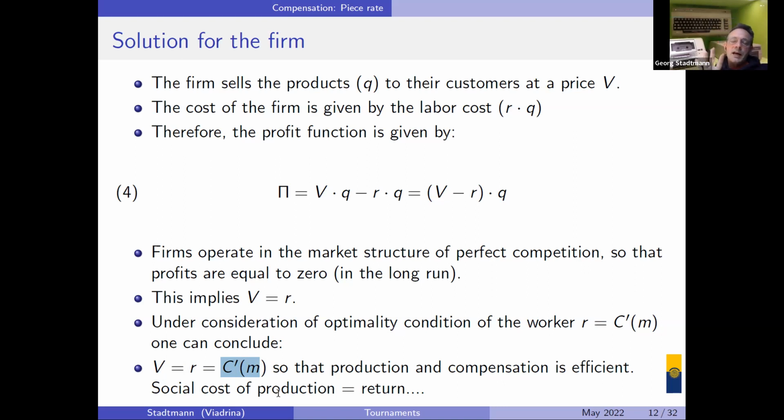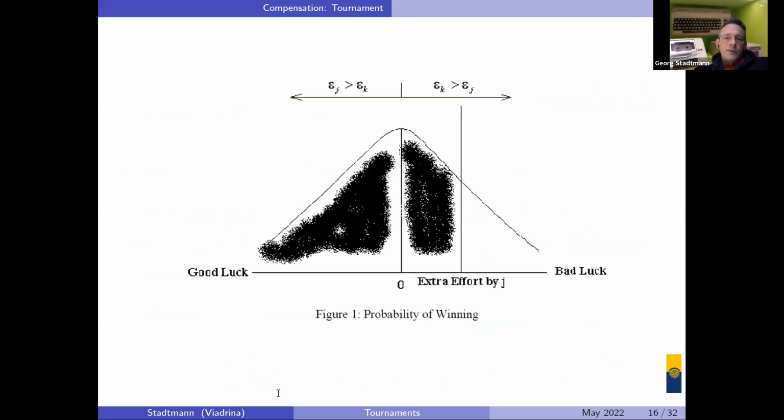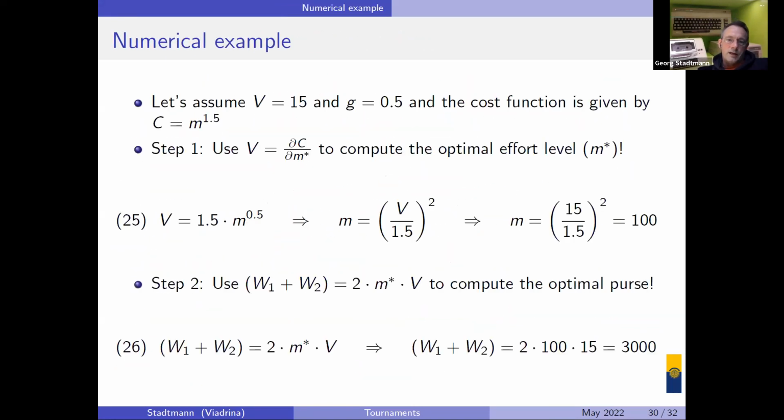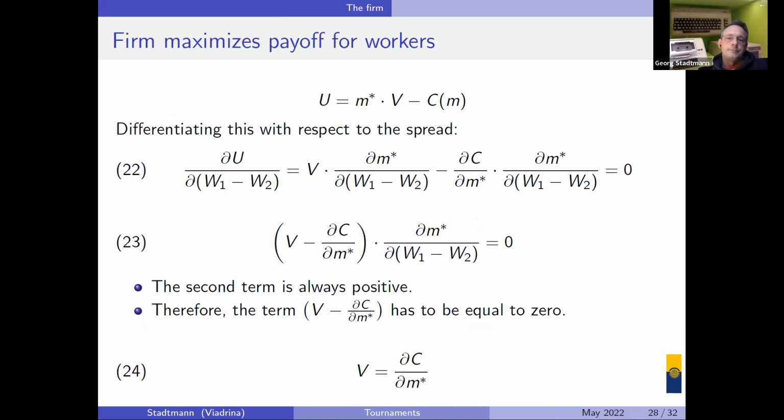And hence, Lazear and Rosen have shown here that setting up a competition is as efficient as piece rate compensation. Setting up this kind of competition is as efficient as a piece rate. So we have seen this already. V is equal to del C del M star.